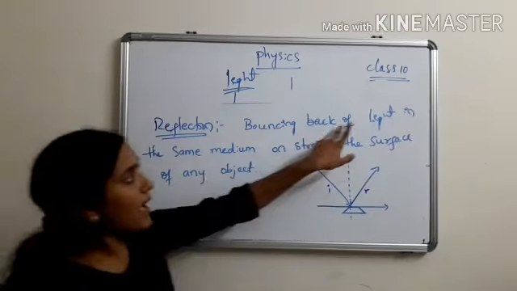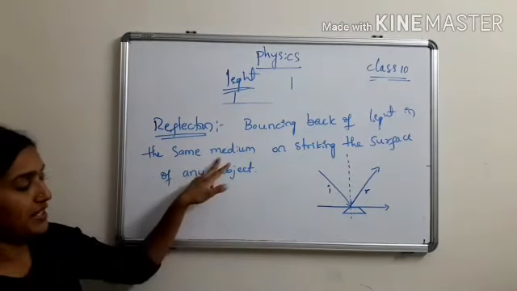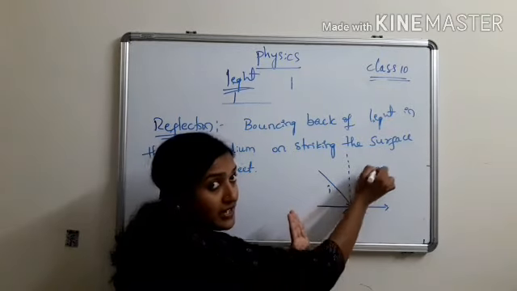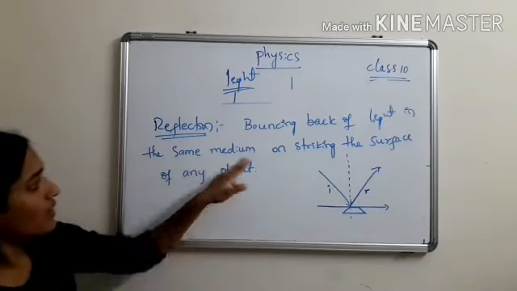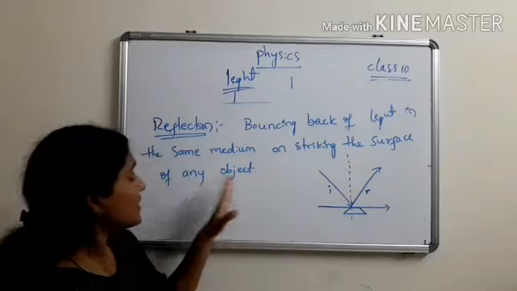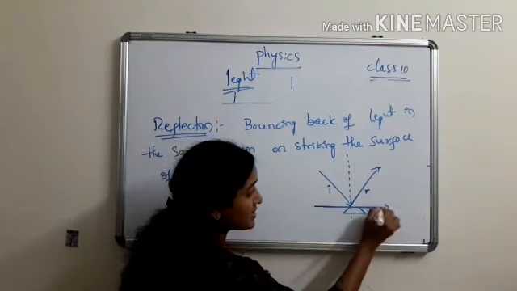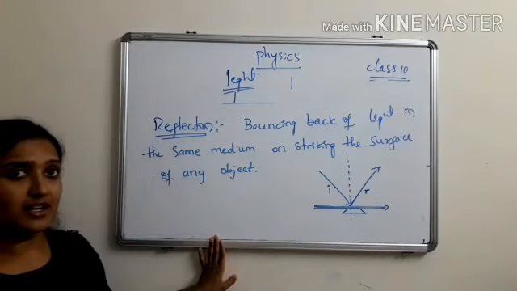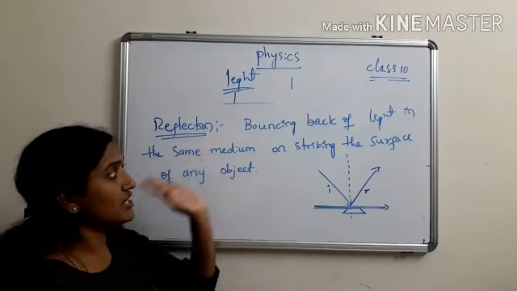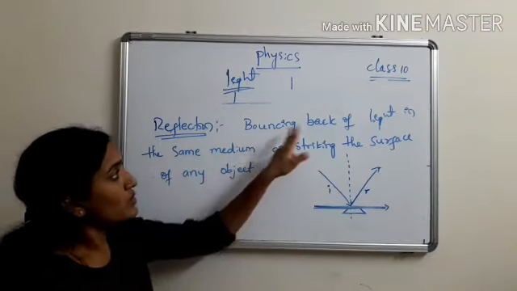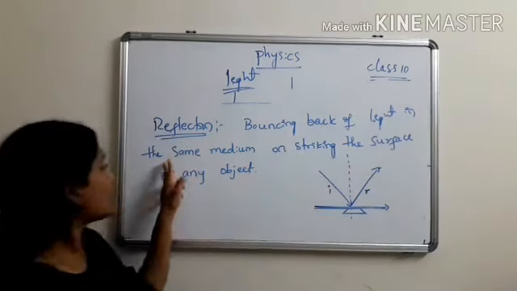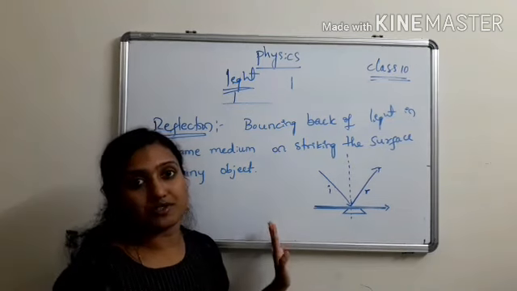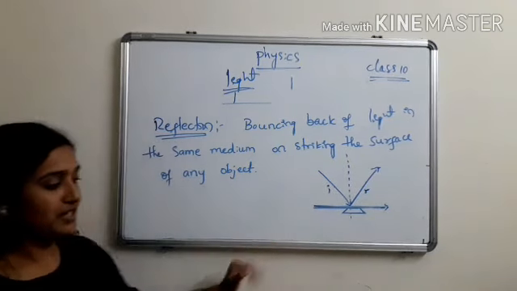So bouncing back of light in the same medium means the same medium: it comes through the air and again reflects back into the air, on striking the surface of any object, when it touches any object. Clear? Now you are clear about the definition of reflection. Once again, bouncing back of light in the same medium on striking the surface of any object. Make a note of it.